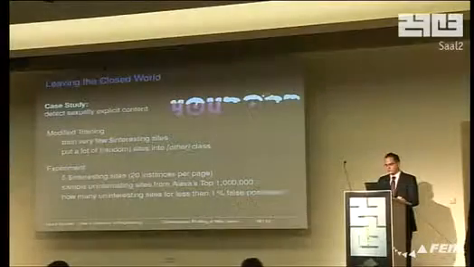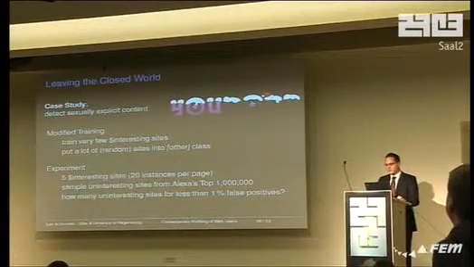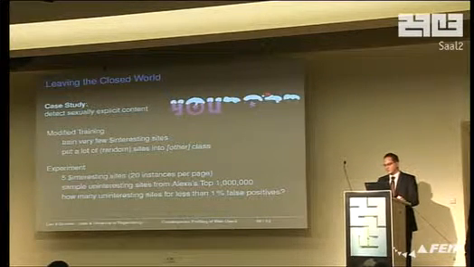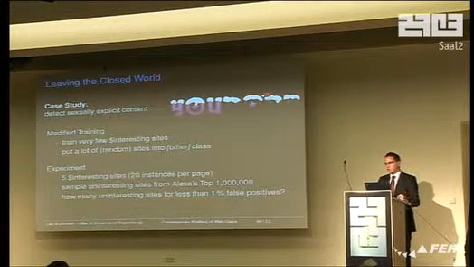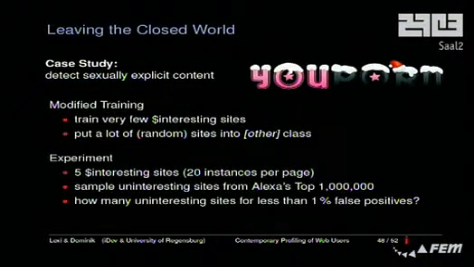The following experiment uses 5 interesting pages, samples uninteresting pages from the Alexa top 1 million list, and the question is, how many uninteresting pages should you use during classification to get less than 1% false positives? That's an important thing, to get only few false positives, because each and every time you get a false positive, you think someone retrieved sexually explicit content, although they didn't.